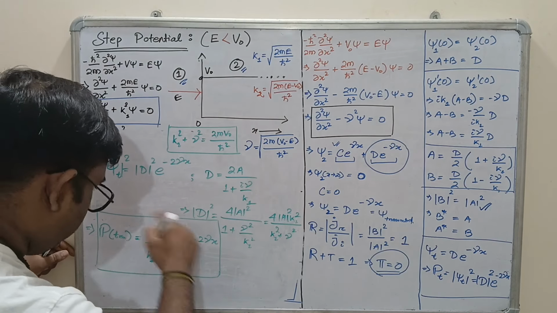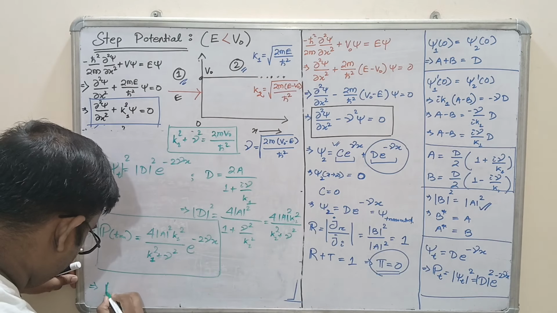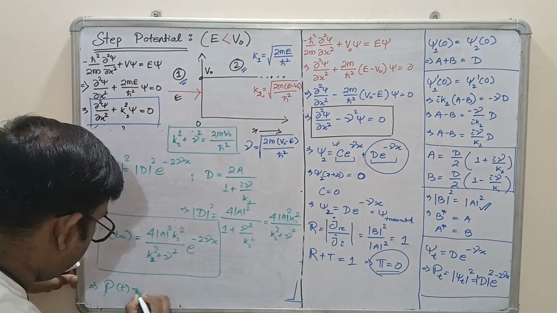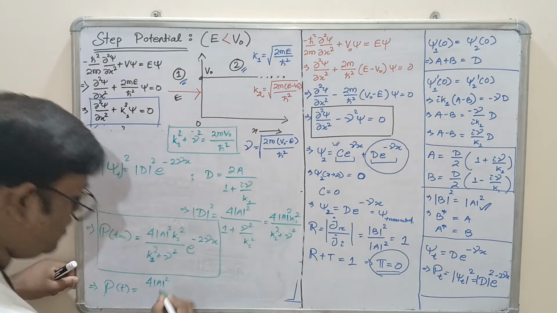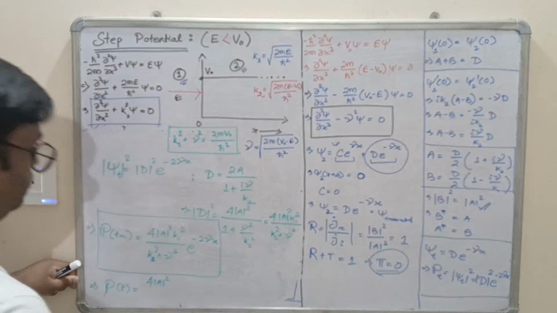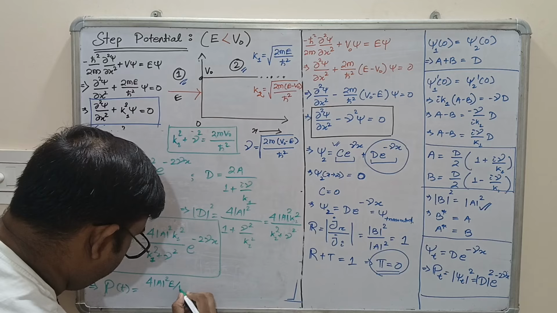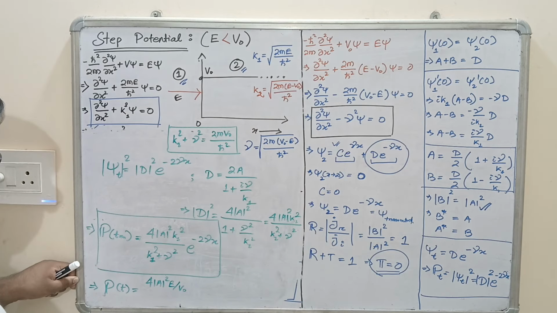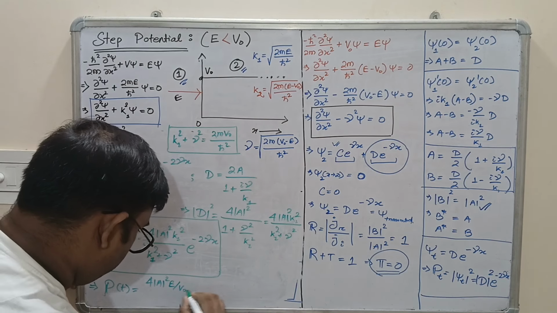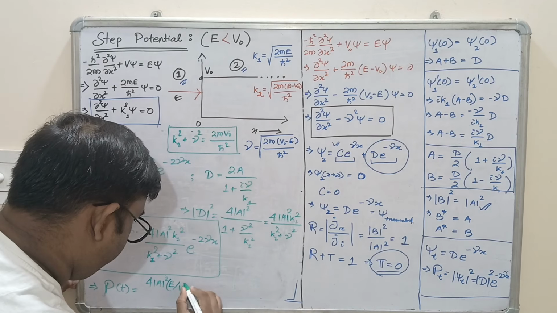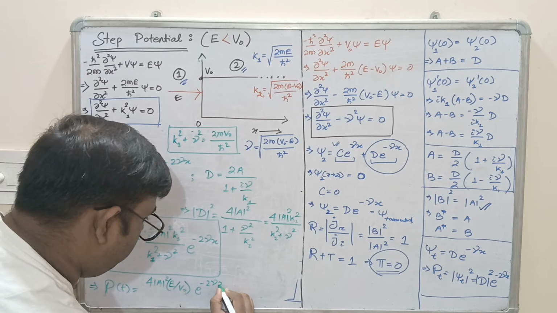Now what this entire system gives us is that transmission is 4 a square into E by V naught into e to the power minus 2 mu x.